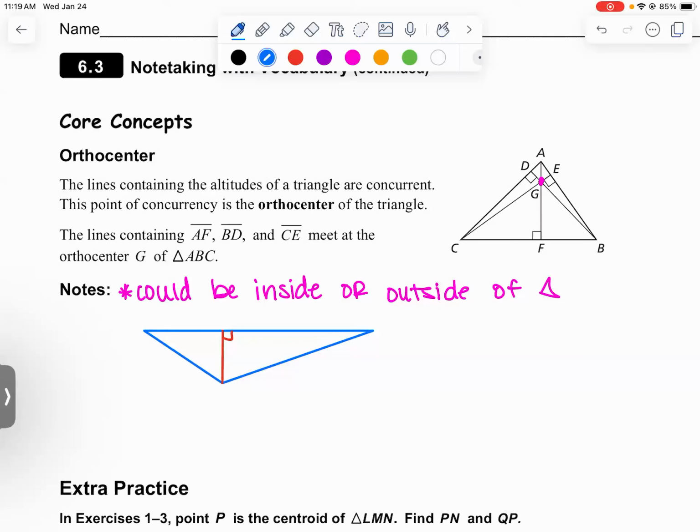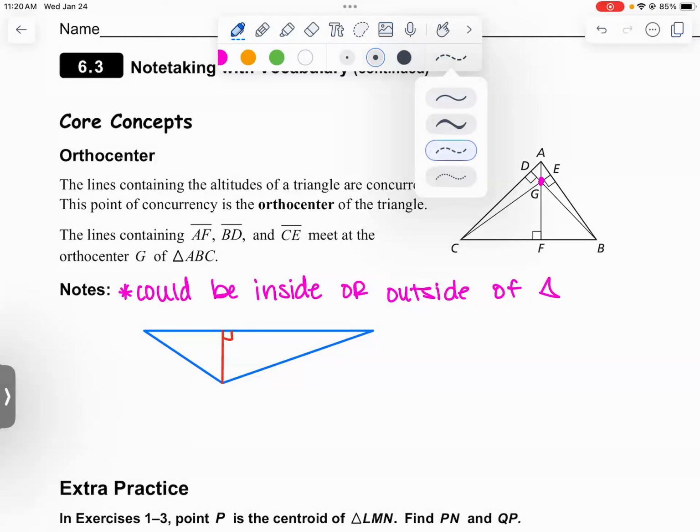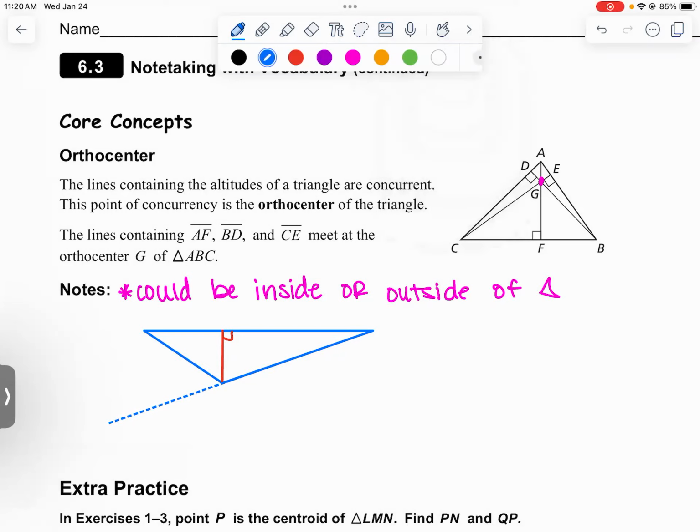So what we are going to have to do is extend our side so that we can draw a perpendicular line. Otherwise, we can't make a 90-degree angle.